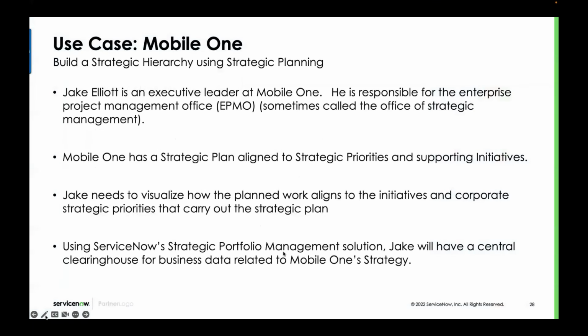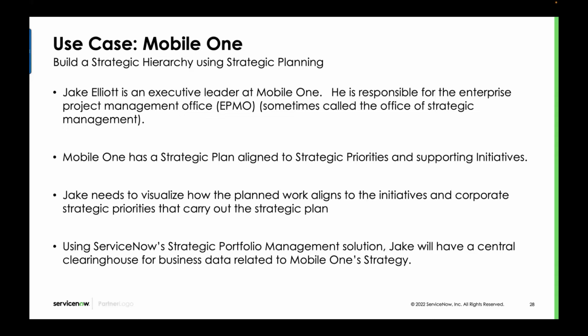So for our use case, we're going to build out a strategic hierarchy, right? So we're going to build out one of our structured lenses. And we're going to use that for our strategic planning. Jake Elliott is an executive leader at Mobile One, and I made this all up, okay? So he's responsible for the Enterprise Project Management Office, and that is sometimes called the Office of Strategic Management.